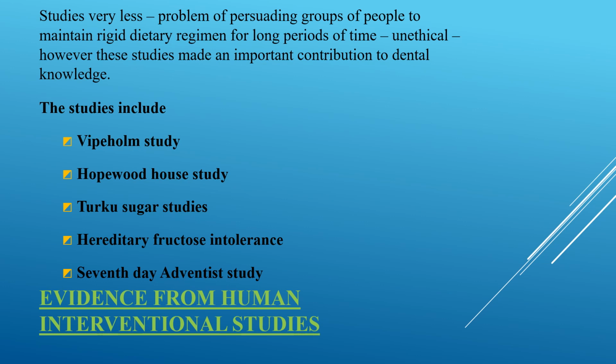All the studies will show the consumption of sugar in different groups of people, and we have to see the type of sugar, the type of food they take, for how long, for a dietary regimen over a certain period of time.